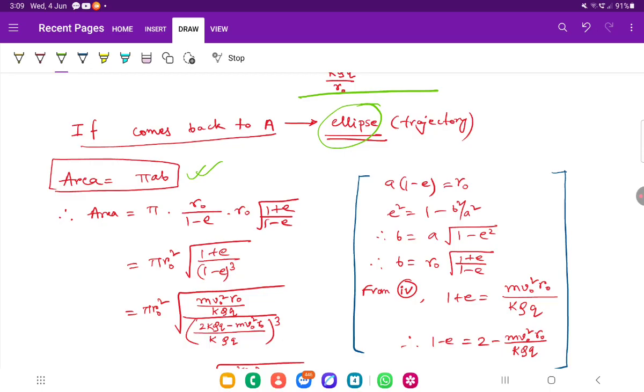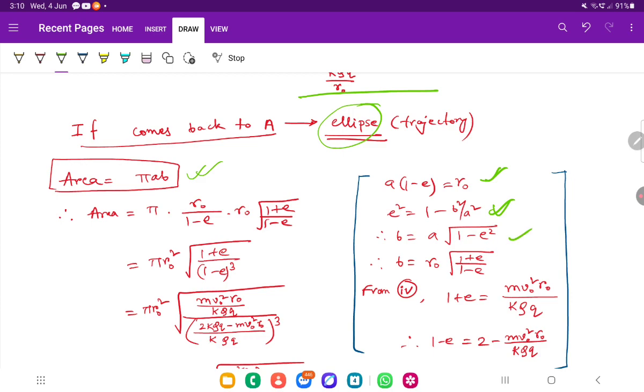So here I have shown the calculation that r naught, the initial separation, was a into (1 minus e), and as you know, a into (1 minus e) is the perigee, right? Because perigee is closer to the focus than apogee. Apogee was the away point. So yeah, r naught was a into (1 minus e), and e square is 1 minus b square upon a square by convention.